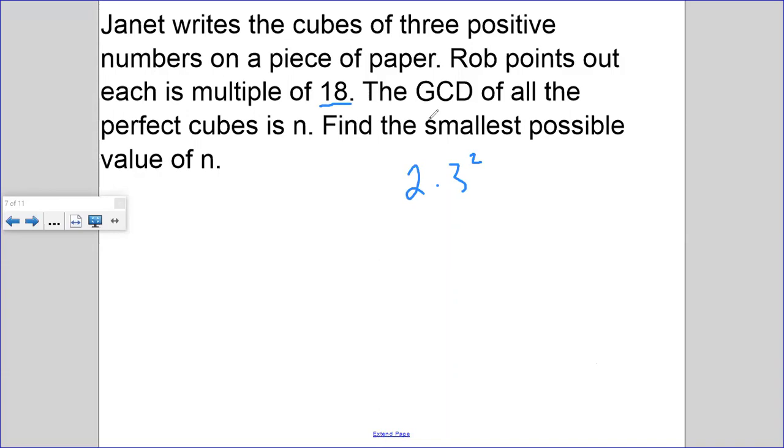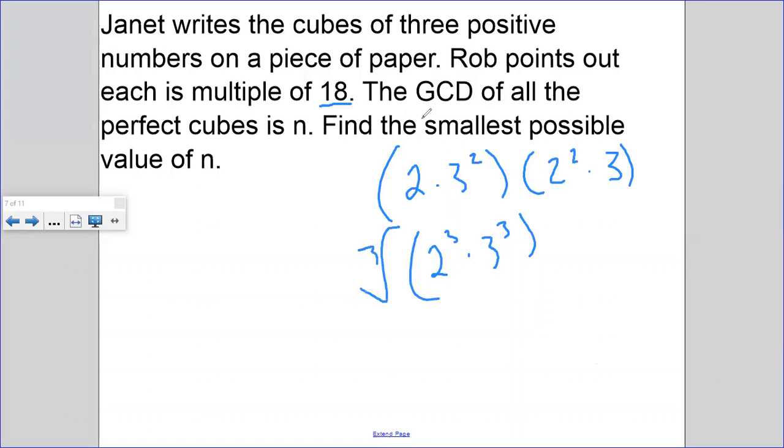And we also know that each of these numbers is a cube. So you can multiply that by 2 squared times 3, because we need the exponents to be multiples of 3, right? So this should be at least 2 cubed times 3 cubed. And if I were to take the cube root of that, my smallest possible one would be 6.